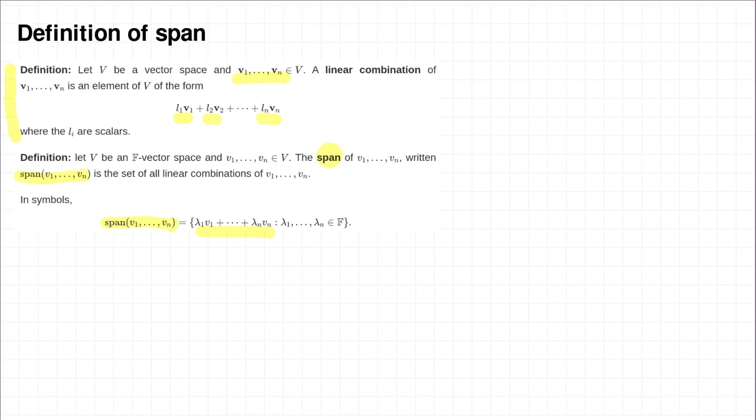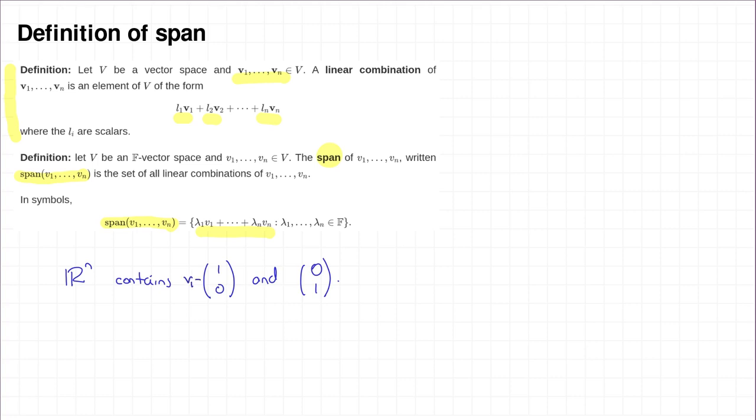So let's take a quick look at an example of the span of some vectors. We'll work in R squared as usual. So this contains two vectors, 1, 0 and 0, 1. Let's look at the span of those two vectors. I'll give these some names.